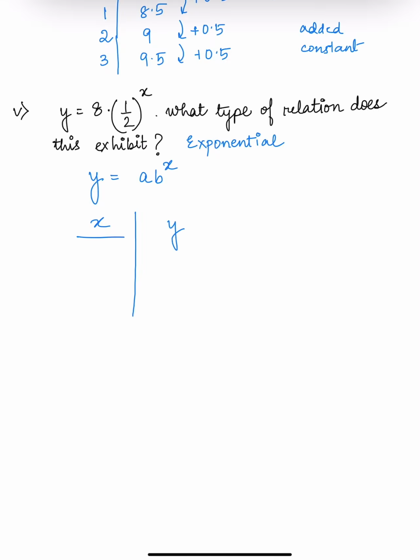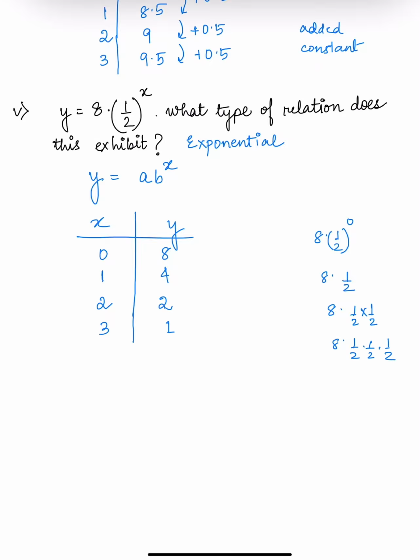If we put x equal to 0, then it is 8 into half to the power 0, so that is 1, so 8. Then we put 1, so that is 8 into half, that is 4. Then we put 2, that is 8 into half, that is 2. Then we put 3, that is 8 into half, so that is 1.